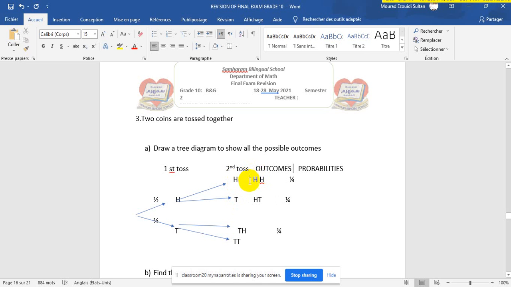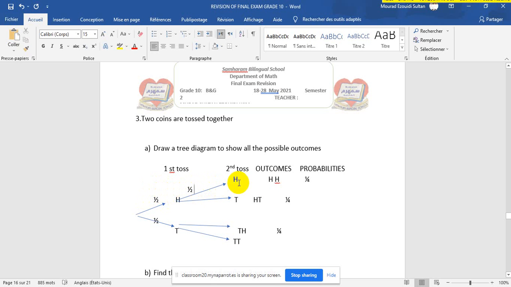The outcomes, my daughters, can be HH, meaning head, head. The probability of getting a head is 1/2 multiplied by 1/2. The probability of getting a head in the second toss is 1/2, and in the first toss is 1/2.